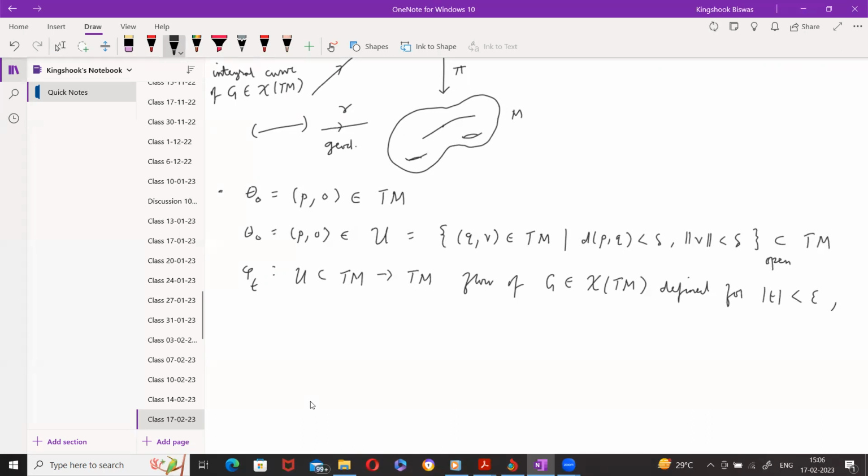Okay, so what does that mean? That means geodesics with these initial conditions (Q, V) are defined for time at least epsilon, right?